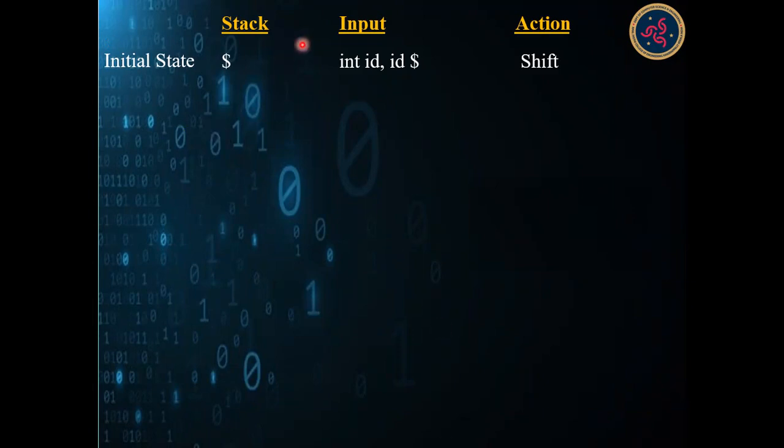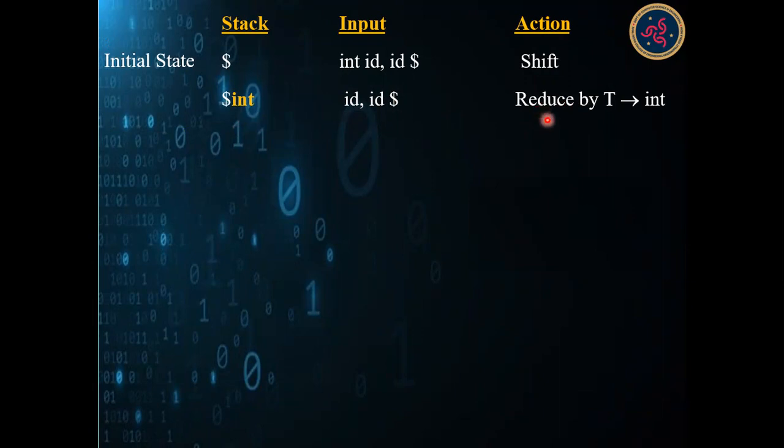Okay, so here with this int we are doing a shift action, that is int is shifted to the stack. So now our stack will be dollar int, and once int is shifted to the stack, the input buffer will be having id comma id, and again the dollar symbol. Next we have a reduce operation.